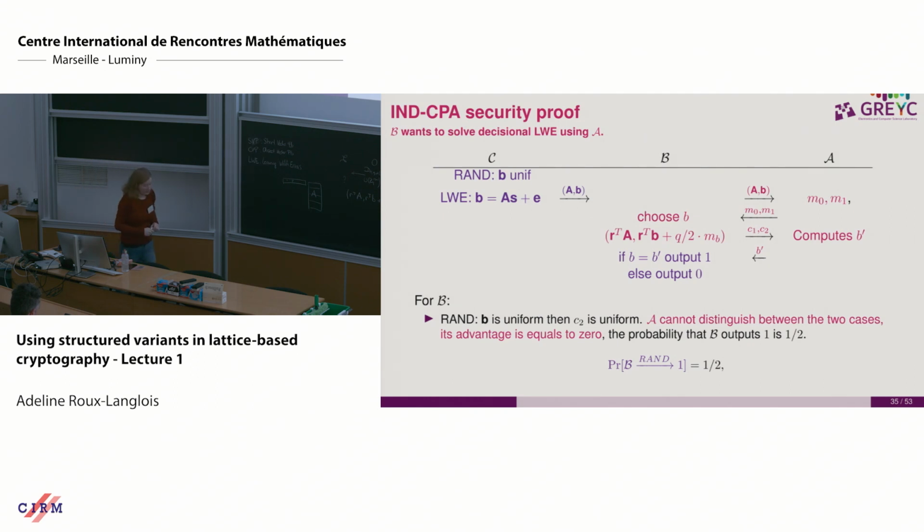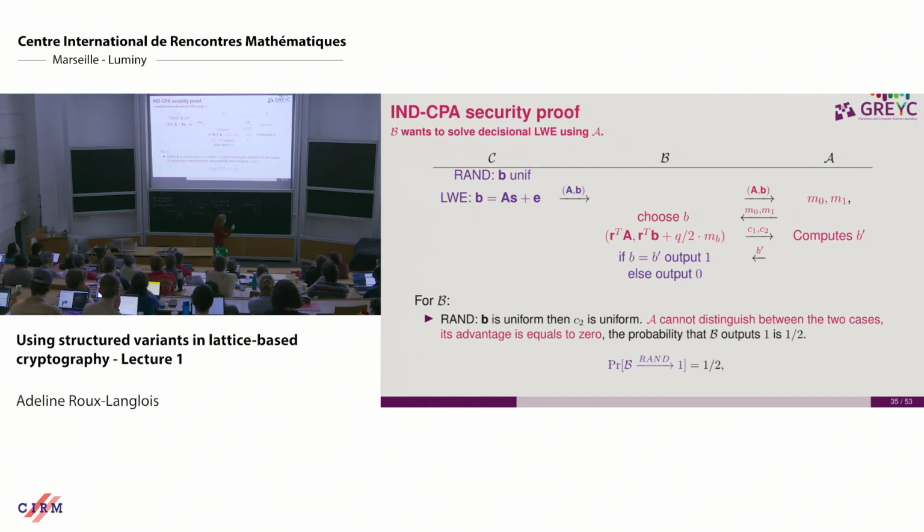And now we can have a look at the proof. The idea of the proof is that I have three entities: C, B, and A. B and A are playing the IND-CPA security game. And C and B are playing the decisional LWE game to distinguish whether it is uniform or an LWE sample.